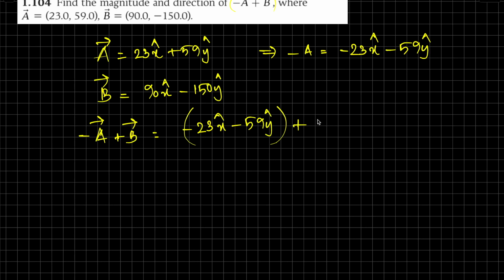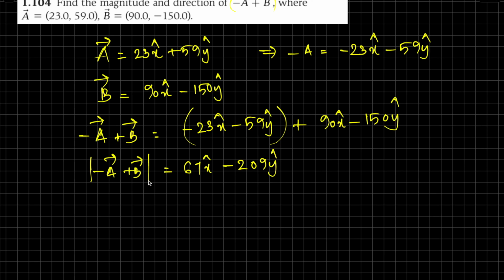So minus A is minus 23x cap minus 59y cap, plus vector B, which is 90x cap minus 150y cap. Minus 23 plus 90 is 67x cap, and minus 59 minus 150 is minus 209y cap. That's my new vector, minus A plus B. We need to find the magnitude and direction of this vector.